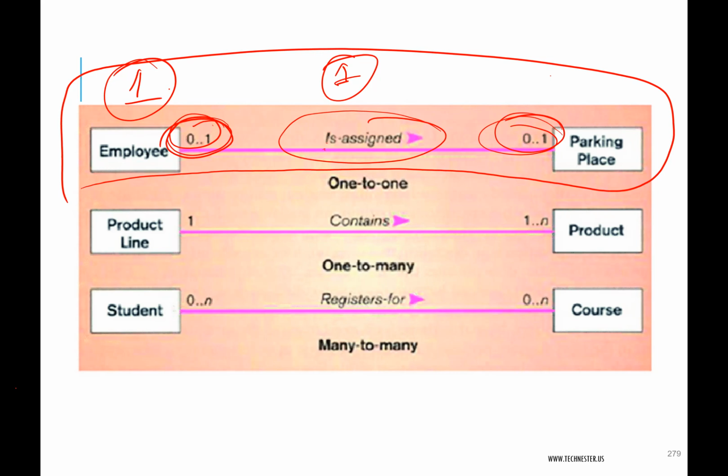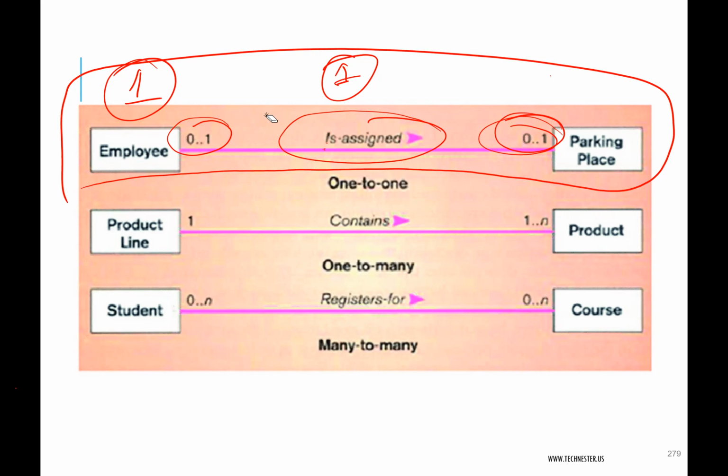So it's possible you have 1 employee with no place assigned. That's valid. And it's possible you start a company, the company does not have any employee, but there's a parking space already waiting. Is that not possible? Yes, it's possible.